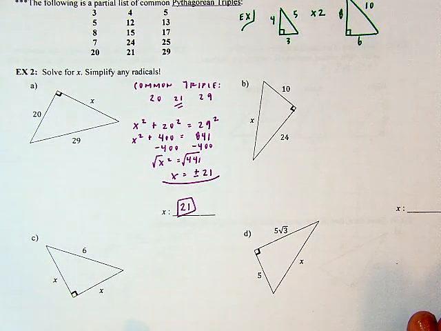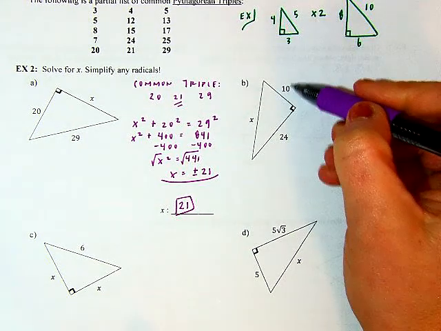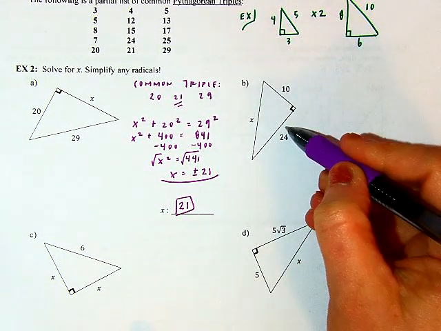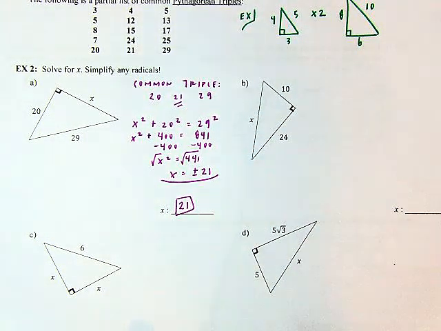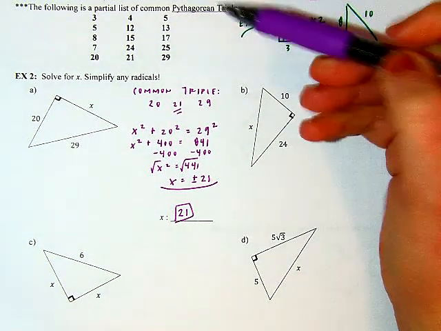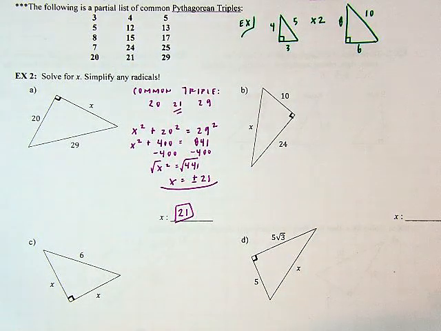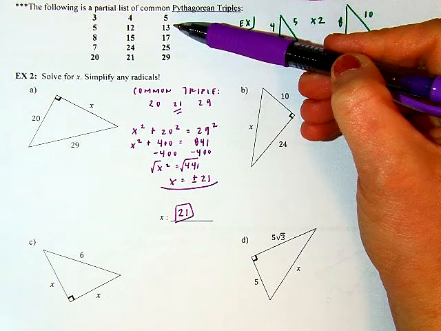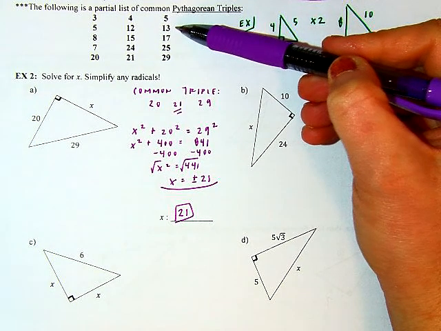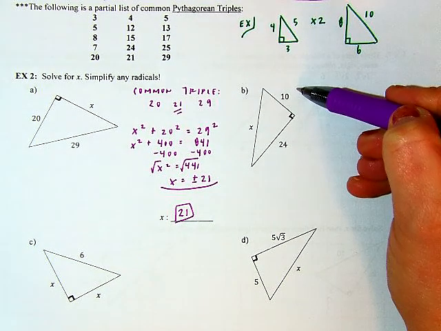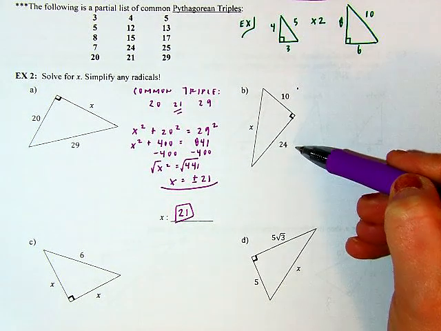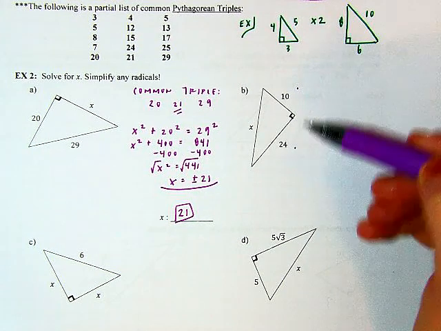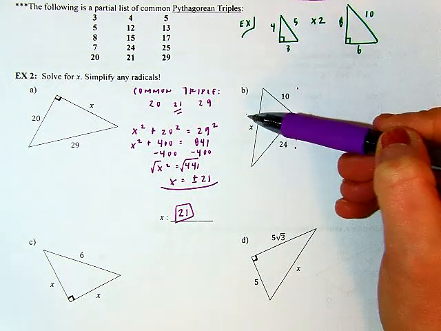All right, next one over here. Here I see I have a leg of 10, a leg of 24, and a hypotenuse of x. So if I look at all of my common triples here, do I recognize a pattern? And I can see on that second one, yes, I can see a pattern. If I think of this as 5 times 2, and this is 12 times 2, then this would be 13 times 2.